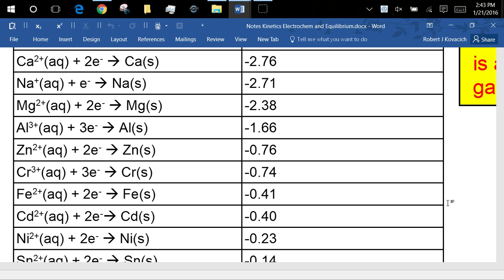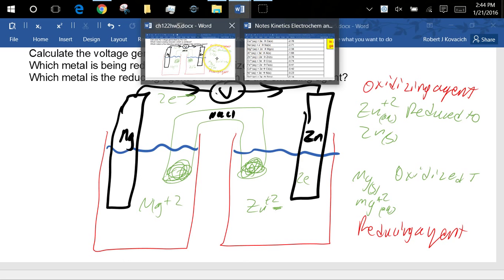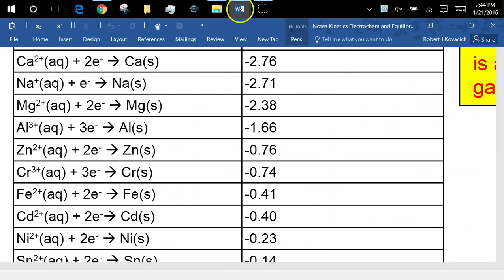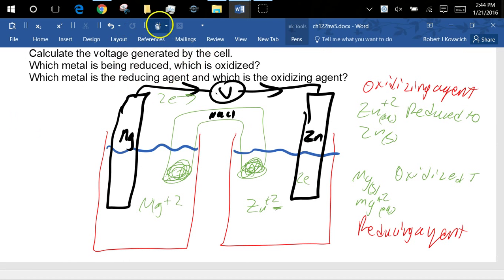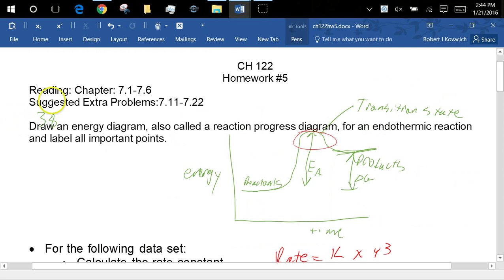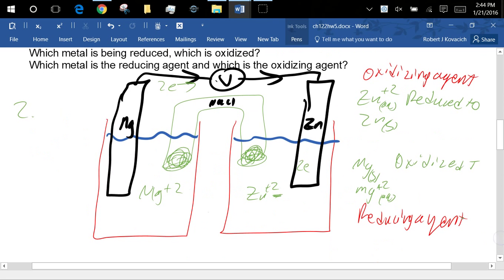Is this written correctly? It is. So 1.62 volts.